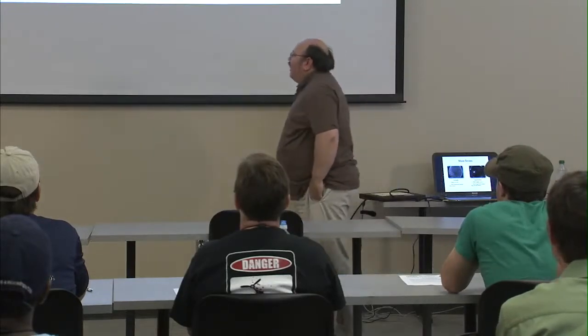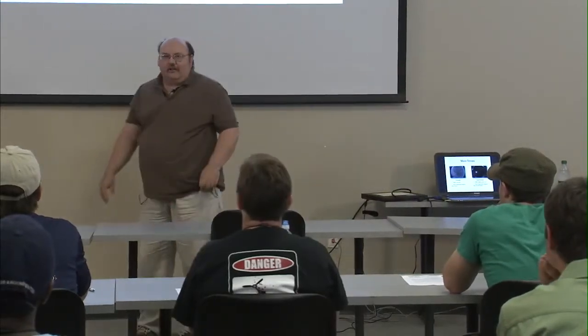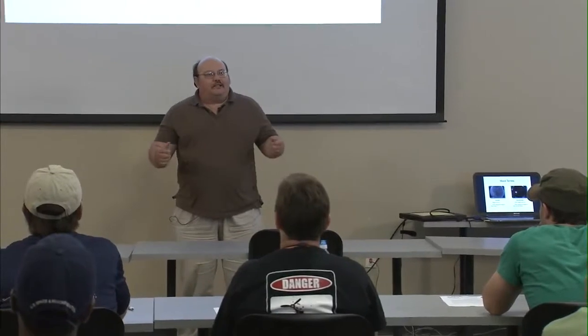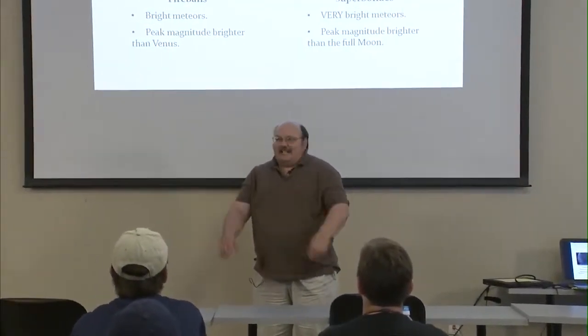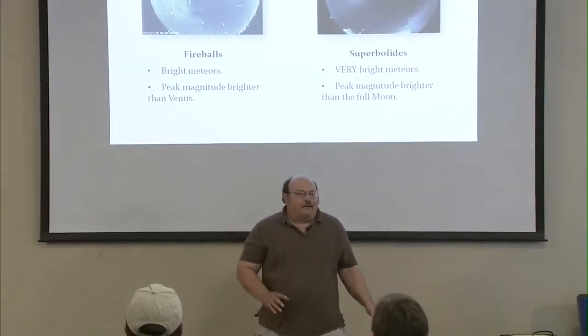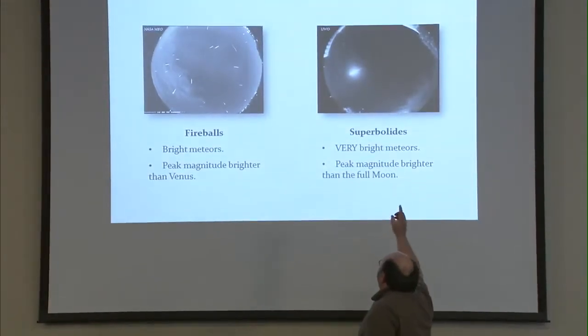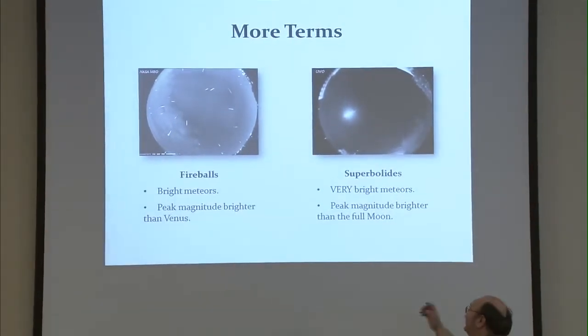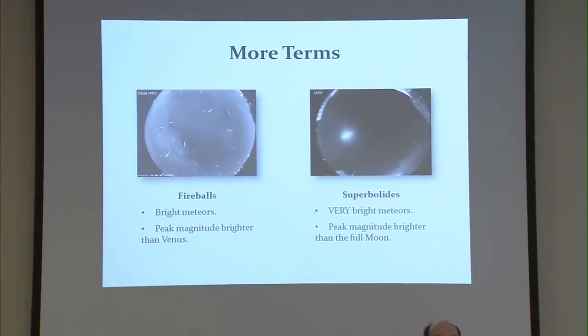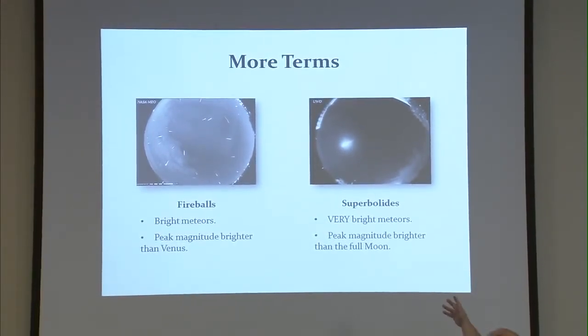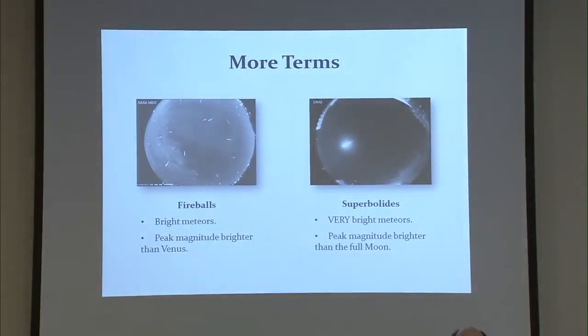Now, when it comes to meteors, there's a thing called a fireball, which is a bright meteor. Technically, a fireball is a meteor brighter than the planet Venus. That's a fireball. And a SuperBolide is something that's really bright. It will cast shadows on the ground. It's generally brighter than the full moon.